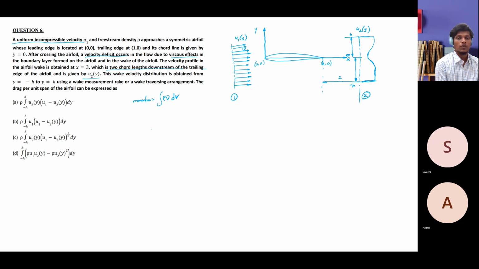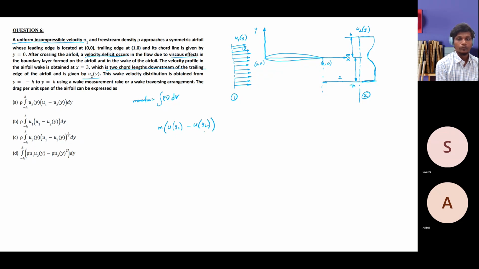What am I actually telling? I'm telling you that the mass should be taken as a constant at the same locations. That means if my mass is m, and the momentum deficit is like this, I will write u at y at location 1 minus u at location 2.